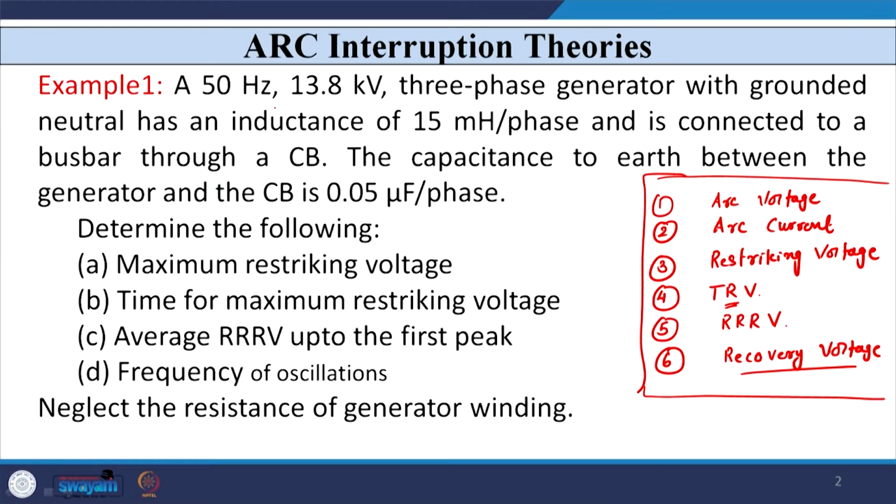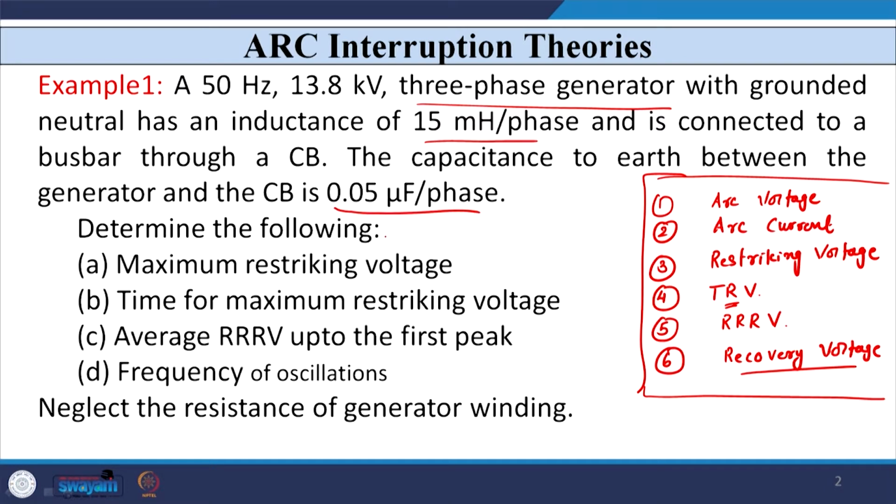It is given that the 50 hertz, 13.8 kV, 3 phase generator with grounded neutral has an inductance of 15 millihenry per phase and it is connected to a bus bar through a circuit breaker. The capacitance to earth between the generator and the circuit breaker is 0.05 microfarad per phase.